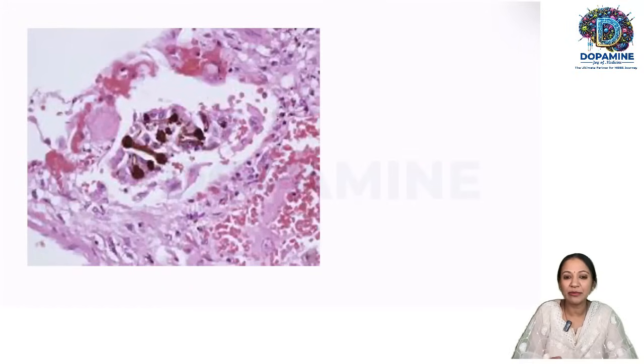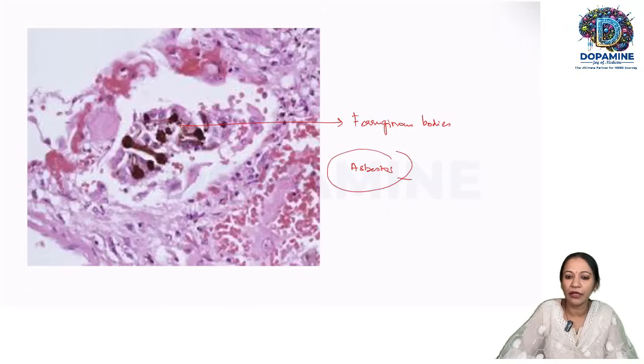And even if this image is given, what are these bodies in asbestosis? They are called ferruginous bodies, which are nothing but asbestos fibers engulfed by the macrophages. And these will have an iron coating, so they are called ferruginous bodies.